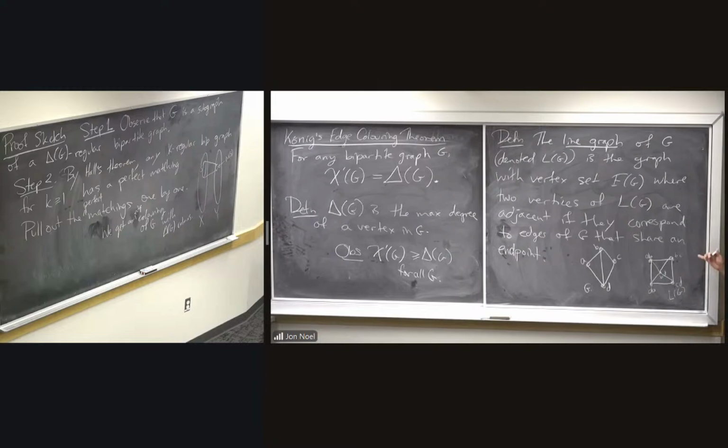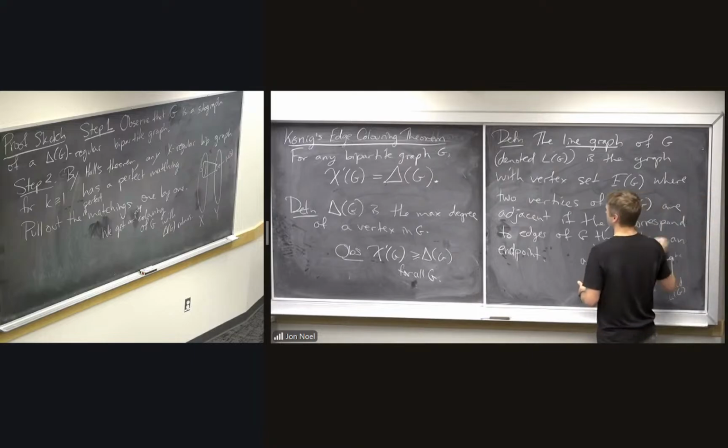So can anyone see the connection between the chromatic index of G and the chromatic number of the line graph? Basically coloring the edges of G is the same thing as coloring the vertices of L of G, right?